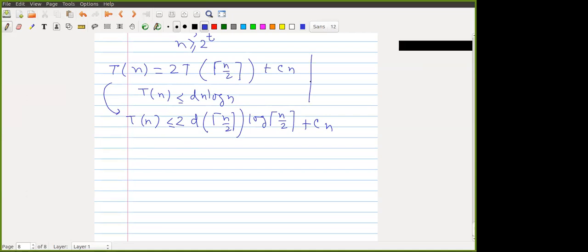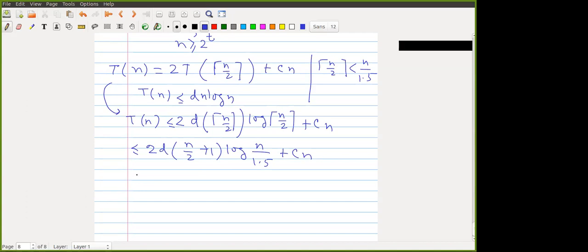One more thing. Ceiling of n by 2 is actually less than n by 1.5. You can check this. In that case, if we express it in this form, we can write this as 2d of n by 2 plus 1 into log of n by 1.5 plus some cn.